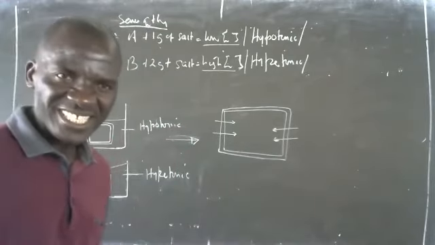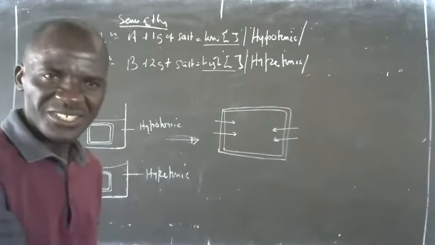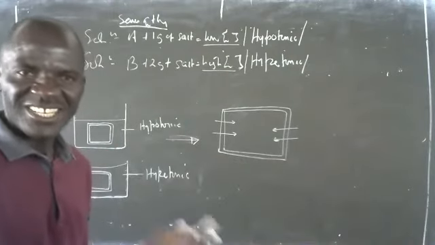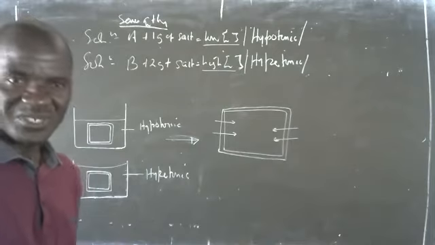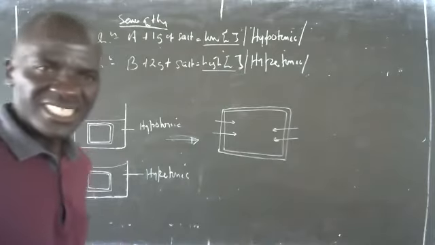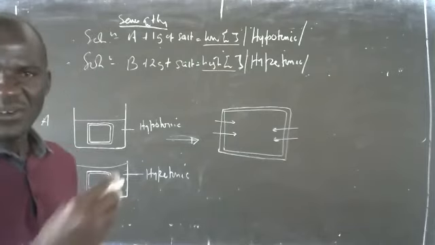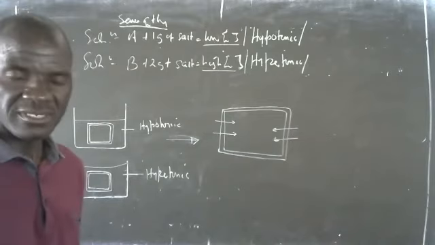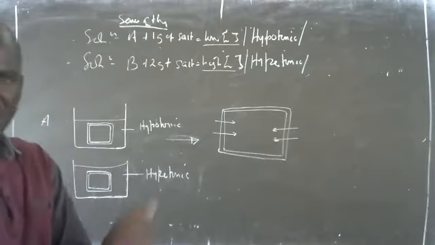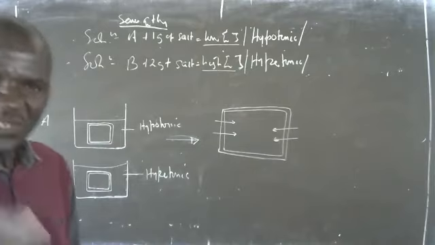The principle is it moves from where it is highly concentrated to where it's of low concentration. If I use the terms low concentration and high concentration, that term concentration, I'm referring to the solute.